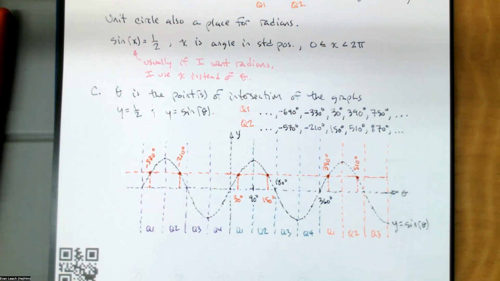And I specifically restricted you to theta between 0 and 360. But on this graph of sine theta, the graph goes on forever, so the number of solutions goes on forever. Every time we get to a copy of quadrant 1, 360 degrees later, we get another solution.